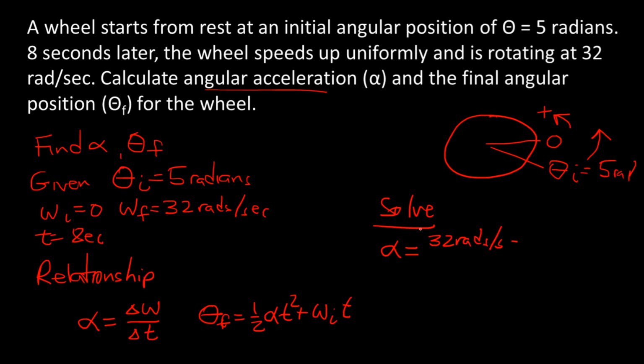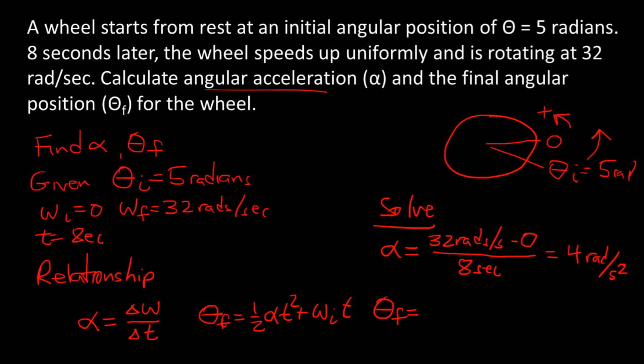I'm starting from rest, so minus 0 radians per second, divided by the amount of time, 8 seconds. 32 divided by 8 gives me, I hope I have this right, 4 radians per second squared. Notice those units look kind of familiar. Similar to our linear acceleration, instead of meters per second squared, we have radians per second squared. Let's take a look at my final position.